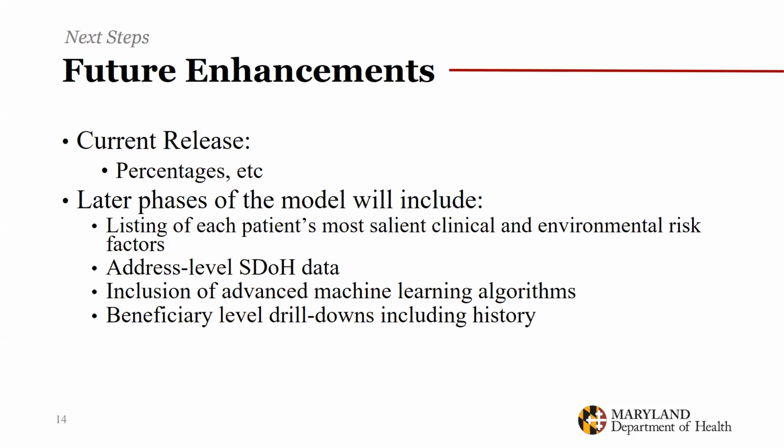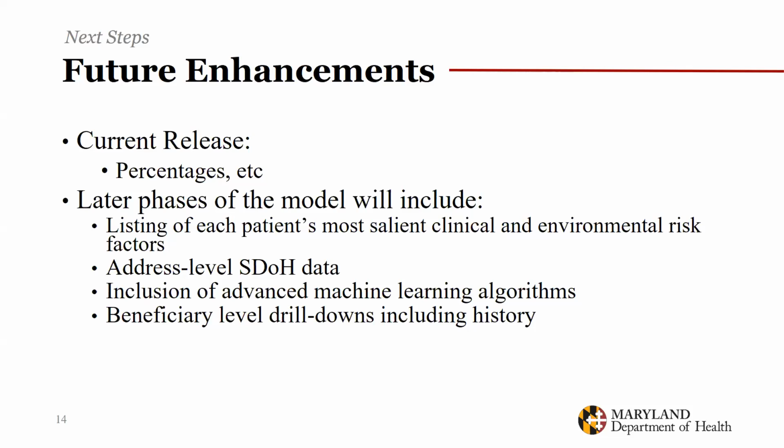We are also working on incorporating, right now we have social needs and determinant data based on the zip code level information that we have. But now that we have beneficiary addresses, we are working on tying that data to other address level information that would further refine the social determinants, social needs data that's applied as a risk factor to the patient.